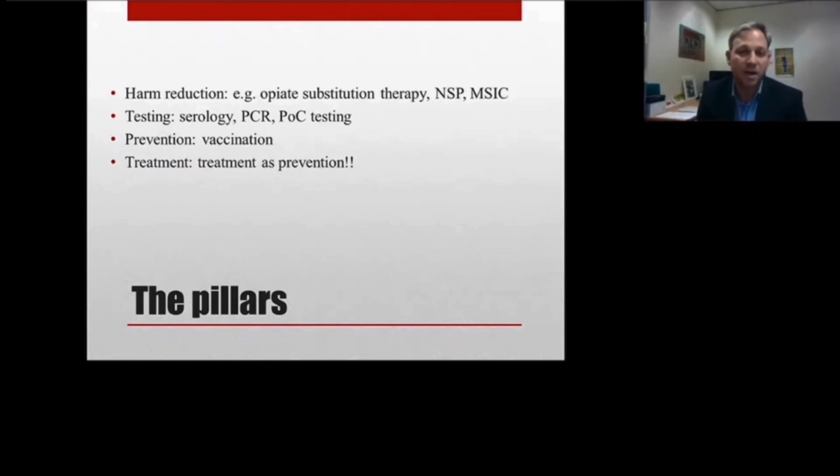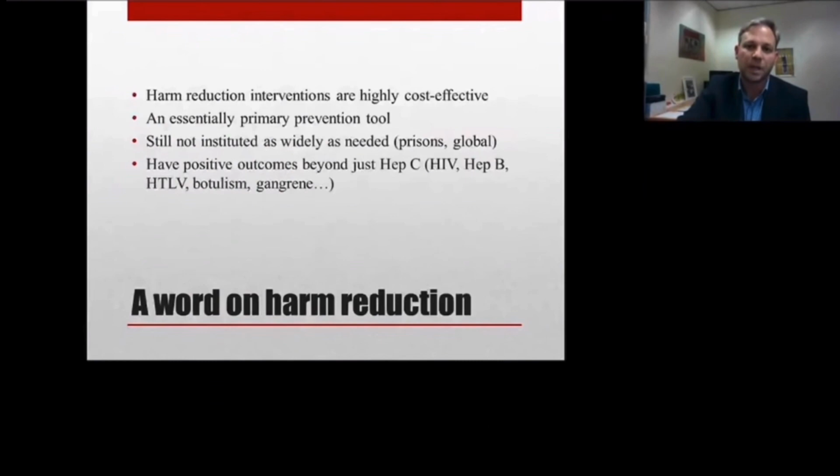Testing, serology and PCR are the main things, but point of care testing can be a real value add for people with Hep C. There is no vaccine yet, but I'll talk about that, and I'm going to say most about treatment as prevention.